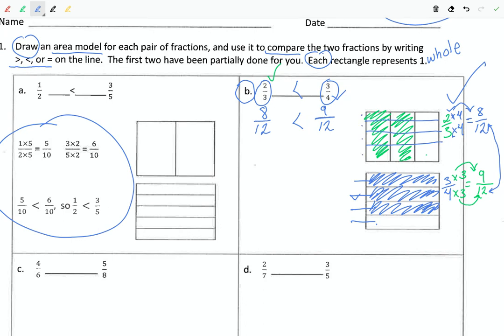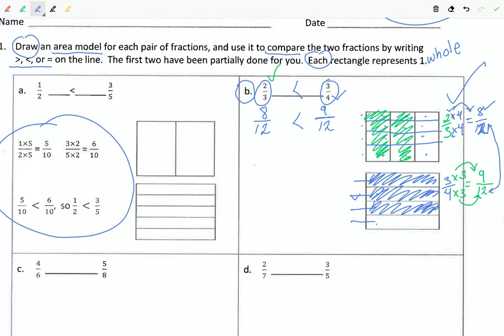If I do that, I just decomposed by the number of units in the second model. If I do that, watch what happens. I have 1, 2, 3, 4, 5, 6, 7, 8, 9, 10, 11, 12. Or 3 times 4 is 12, which is what I got here. Okay, my new denominator here. And then shaded, I have 1, 2, 3, 4, 5, 6, 7, 8. So that'll be my 8 units here. And so the model is just to show how the multiplying top and bottom works.